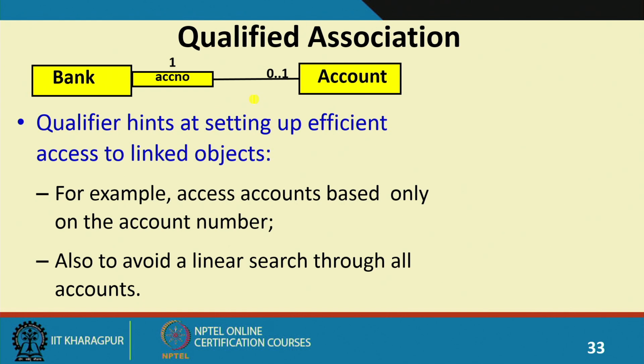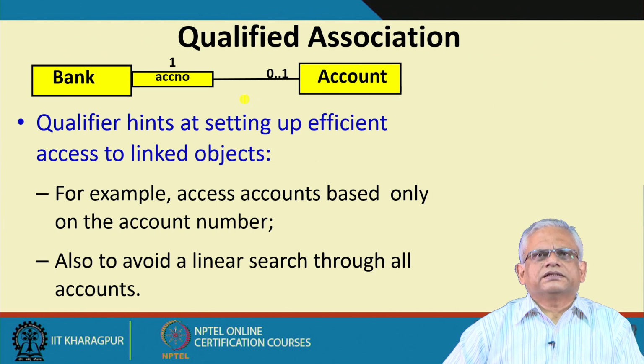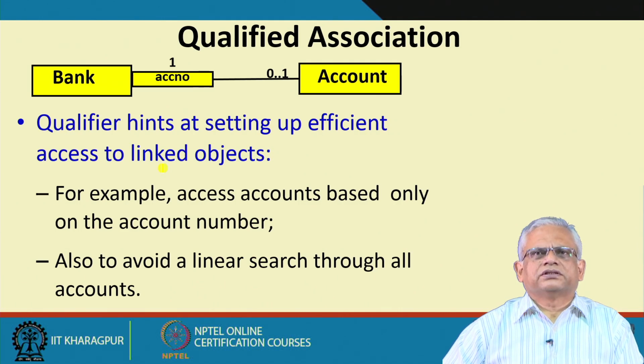And also, since the implementation is a map, accessing an account using the account number is very efficient, because it is not like an array list where we need to check through all the accounts in the bank. There may be thousands of accounts. We do not have to do a linear search. We just use the map, and given the account number, we automatically identify the corresponding account.